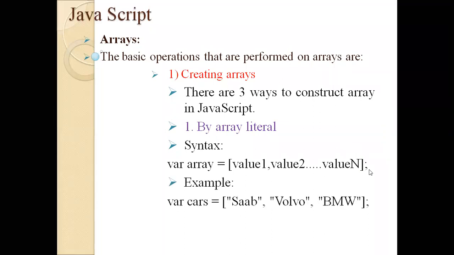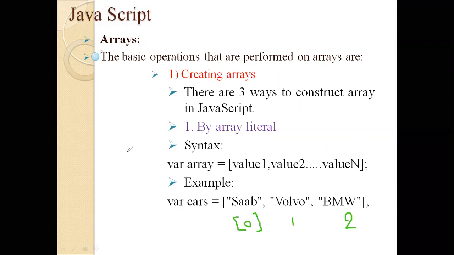Let us see the next one. Here they have taken one example. The name of the array variable is cars, and it is going to store three values: Saab, Volvo, and BMW. These three values are stored inside the array at index 0, index 1 and index 2.